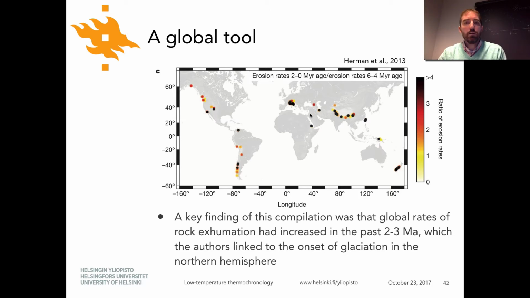The authors linked that to the onset of glaciation in the northern hemisphere and the destabilization of climate. So essentially, when glaciers became active and filled many of these valleys, the rates of erosion went up significantly. That seems to have happened across the globe, even in places where glaciers are not necessarily that significant. Maybe other changes to the climate have also affected things.